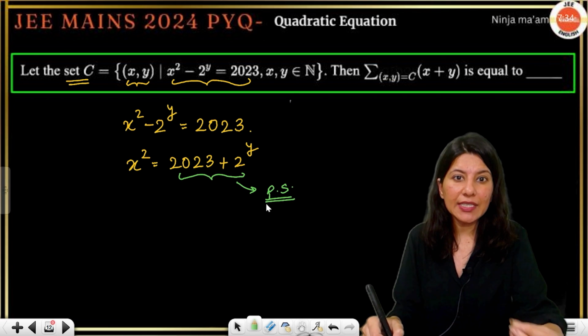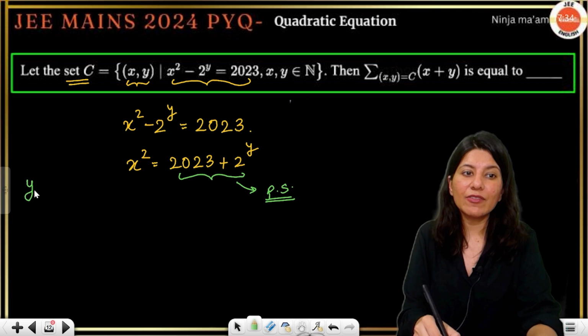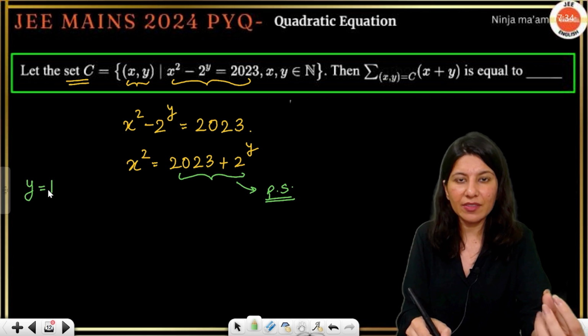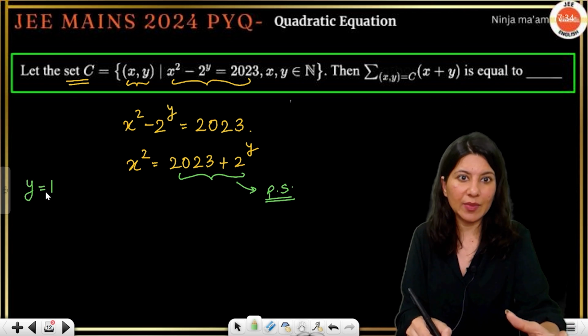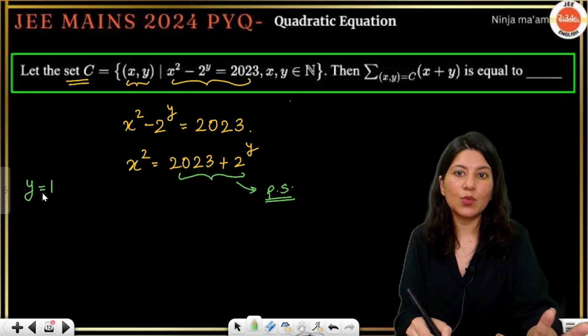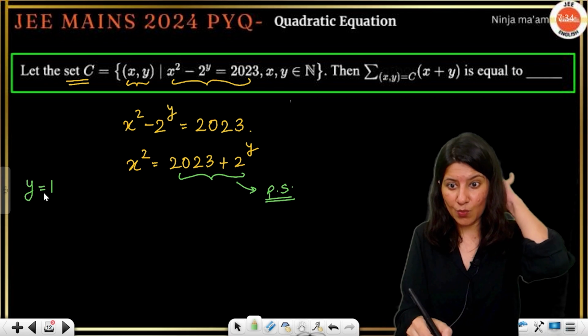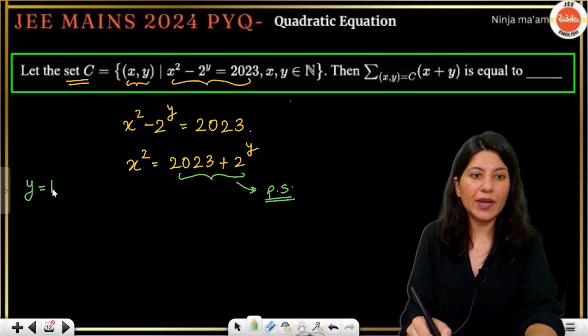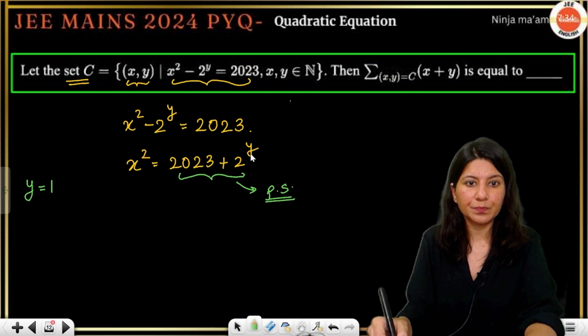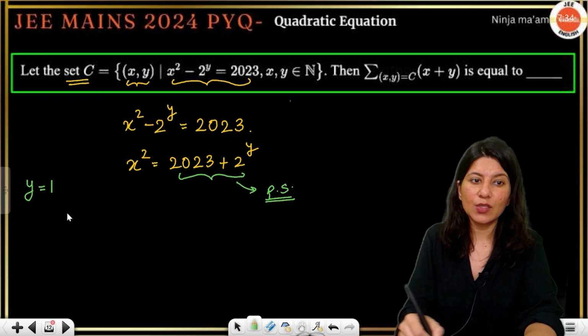So what I'll be doing is, I will start with y equal to 1, because natural number, no, very beginning. Let's start with the very beginning. y equal to 1, let's see what happens. So the moment I write y equals 1, it will become 2023 plus 2. So x square will be what?